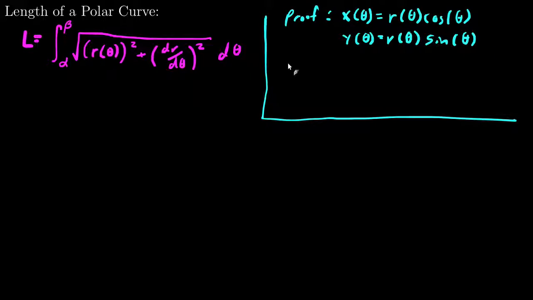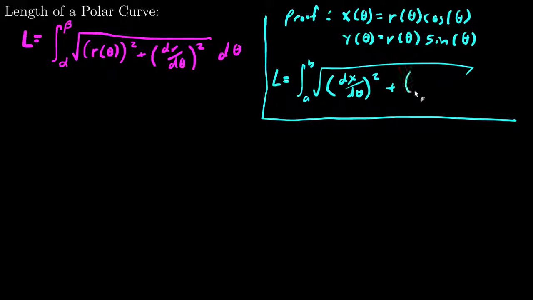We know the length of a parametric equation is the integral from a to b of the square root of dx d theta squared plus dy d theta squared, all d theta. So this is a way to actually prove it.